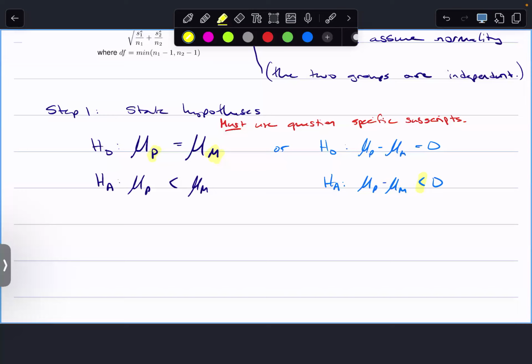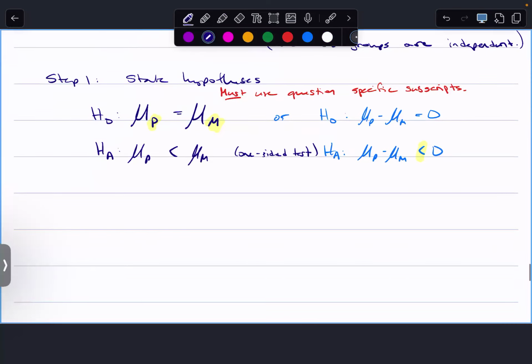Either way, it's a one-sided test. I make a note of it here. We don't need it until way later, but nice to know. Step 2, do the test.